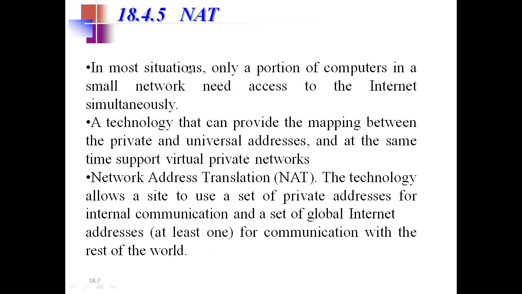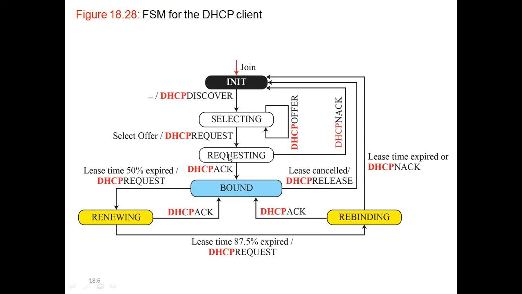Requesting state. In the requesting state, the client remains in the requesting state until it receives a DHCP acknowledgement message from the server that creates a binding between the client physical address and the IP address. After receipt of the DHCP acknowledgement, the client goes to the bound state. Here, this one, the bound state.